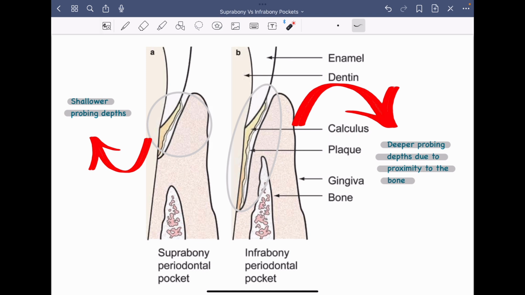So here we can see this is our alveolar bone and this is the pocket. There is a close connection between the two, very close proximity. So see this depth, it is a deep depth. So we have deeper probing depths, whereas in case of suprabony pockets we have shallower probing depths.